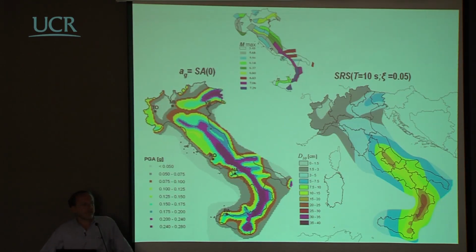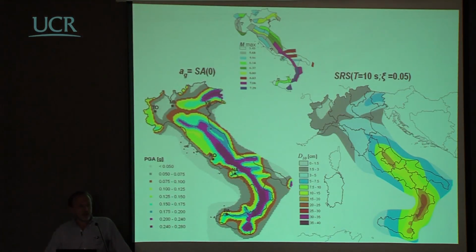So while I have been fighting for years to have the whole area of our country considered seismic prone and to make it mandatory to design for earthquakes, it is clear, if you look in terms of displacement, that you may end up having some area where the displacement demand is so small that you do not really need to design in a proper way for earthquake.